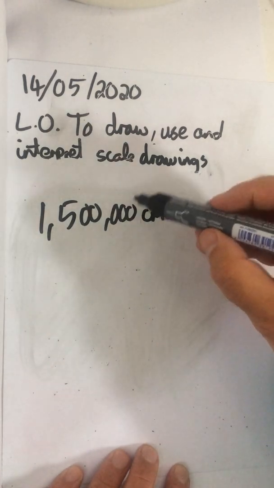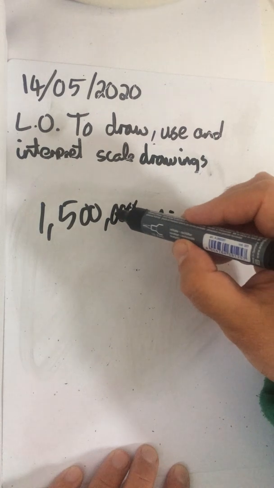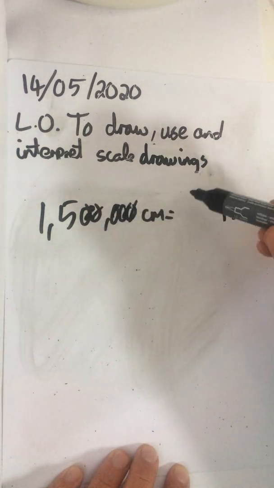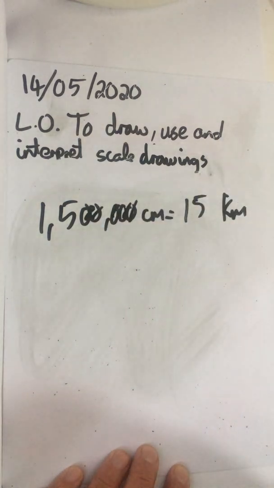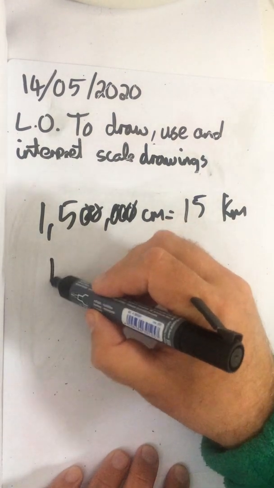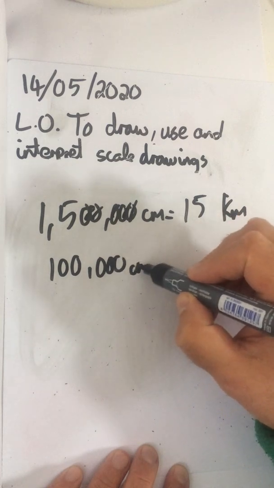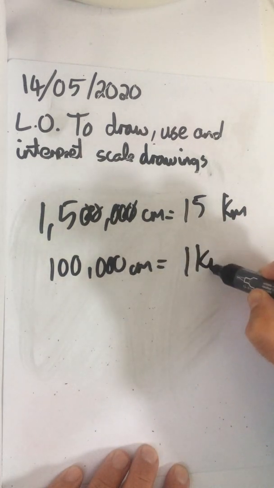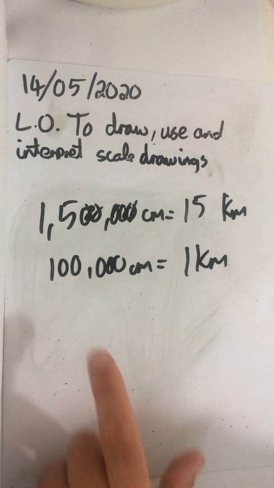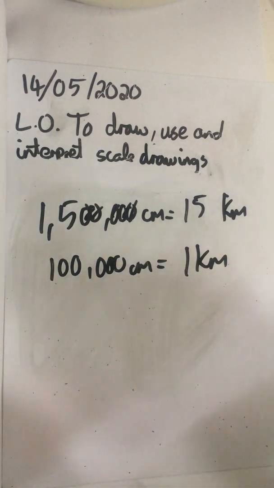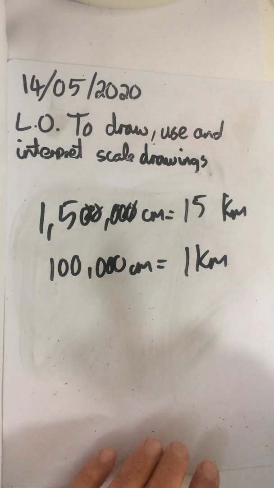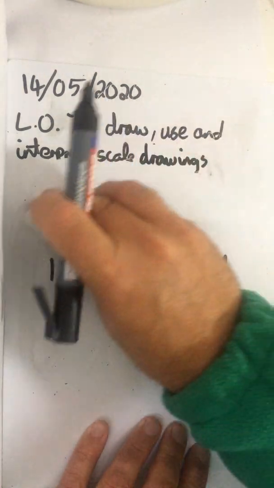We're dividing by 100 to get metres, then knock off another 3 zeros, 15 kilometres. Okay, 15 kilometres. And a useful one to remember is 100,000 centimetres is the same as 1 kilometre. Okay, 100,000 centimetres is equal to 1 kilometre. It's a useful one to remember, especially when you're dealing with map work.